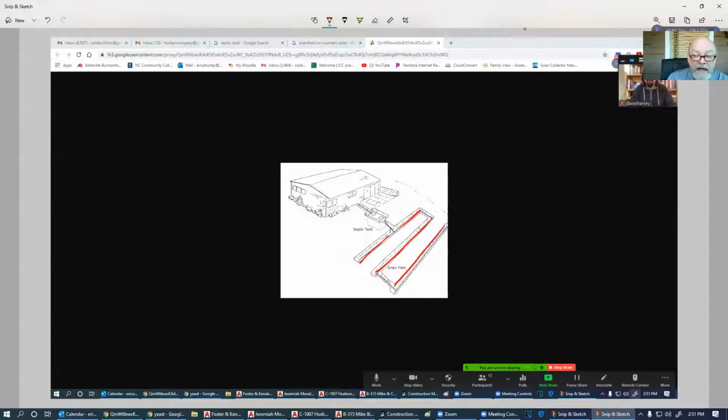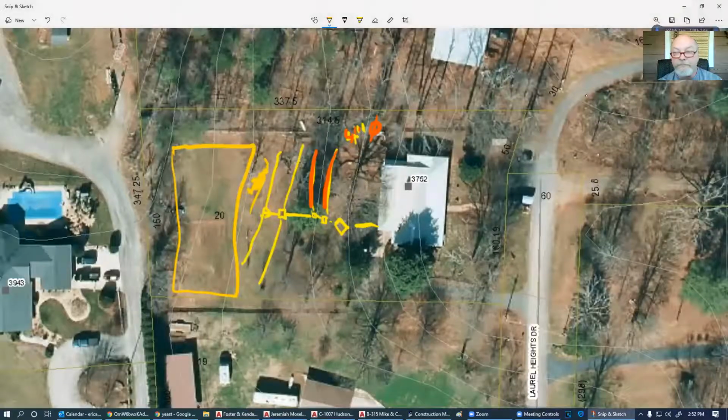So this is going to fill up first, this is going to fill up second, and this is going to fill up third. But from what I understand, there needs to be a distribution box here, here, and here, and feed them this way. That's my understanding. I might be wrong. It looked like that to me too.